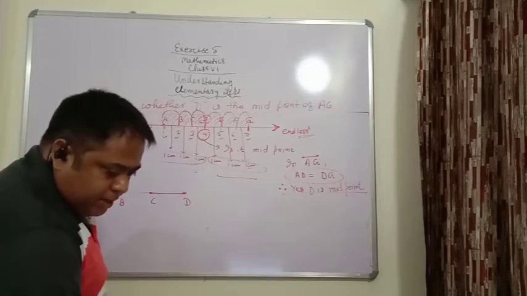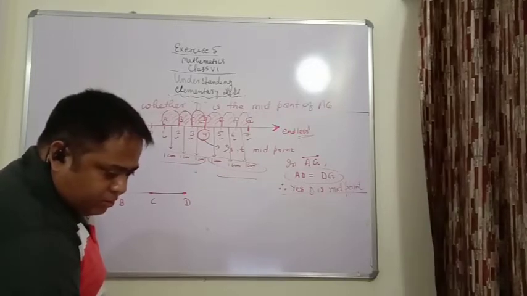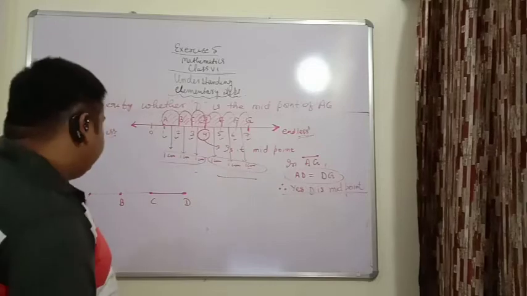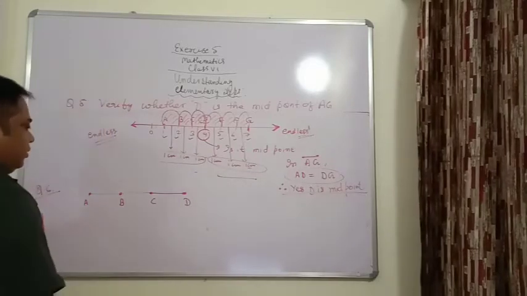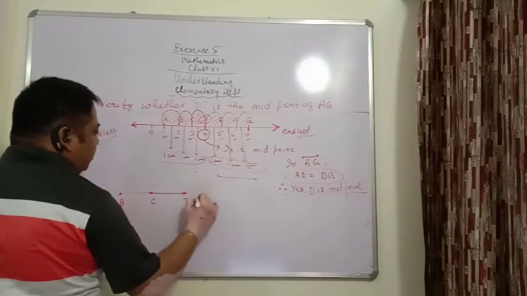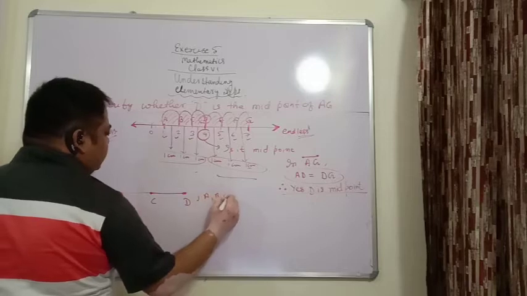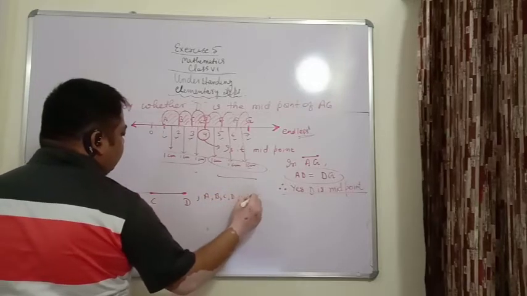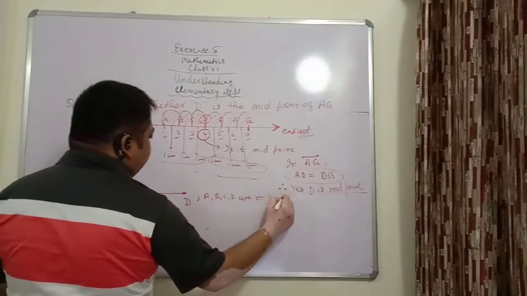A, B, C, D lie on the straight line, show that AB is equal to CD. Now they are saying A, B, C, D are on the same line.